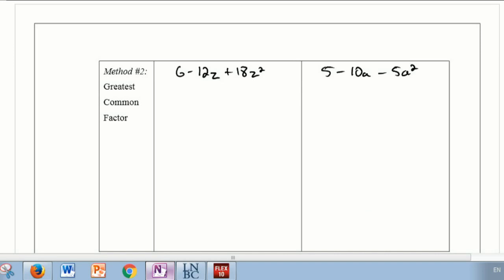All right, the first term here we have 6. What is my prime factorization of 6 going to look like? That's going to be 2 times 3. Then we have negative 12z, or just 12z. We'll maybe ignore the negative for now. 12 we just talked about: 2 times 2 is 4, times 3 gives us 12, and then we have a z.